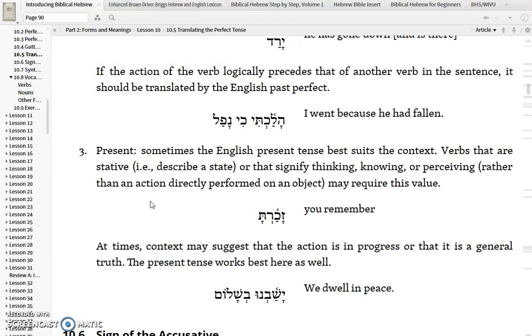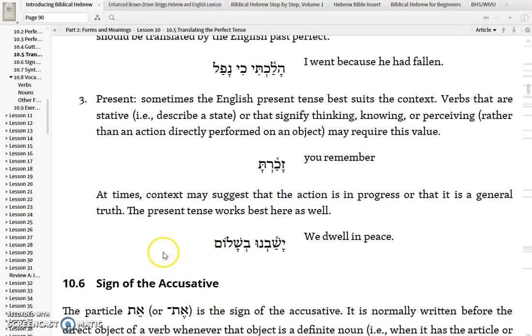But in certain contexts, even active verbs can be translated present tense. So verbs that signify thinking or knowing or perceiving will typically be translated as a present tense. Zakarta, zakar means to remember. So zakarta is you, masculine singular. Could be translated past, remembered. But it could also be present, you remember.